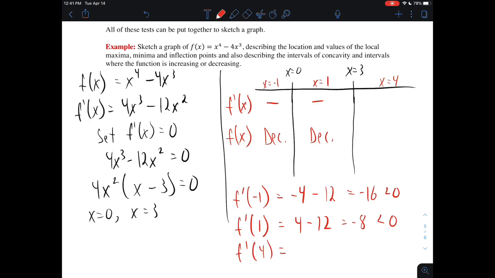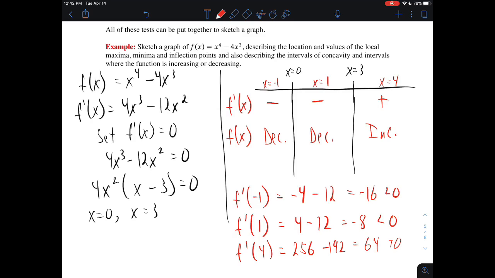This would give me 4 times 4 cubed, so that's just going to be 256, and then minus 12 times 4 squared, so minus 12 times 16. And we can see that we're going to get a positive. 256 minus 192 gives me 64. So positive, so the function does go back to increasing.